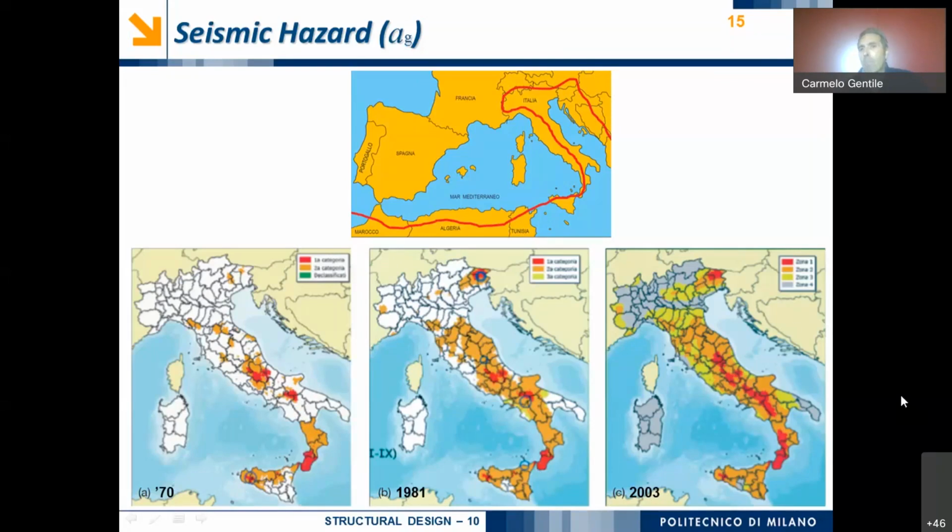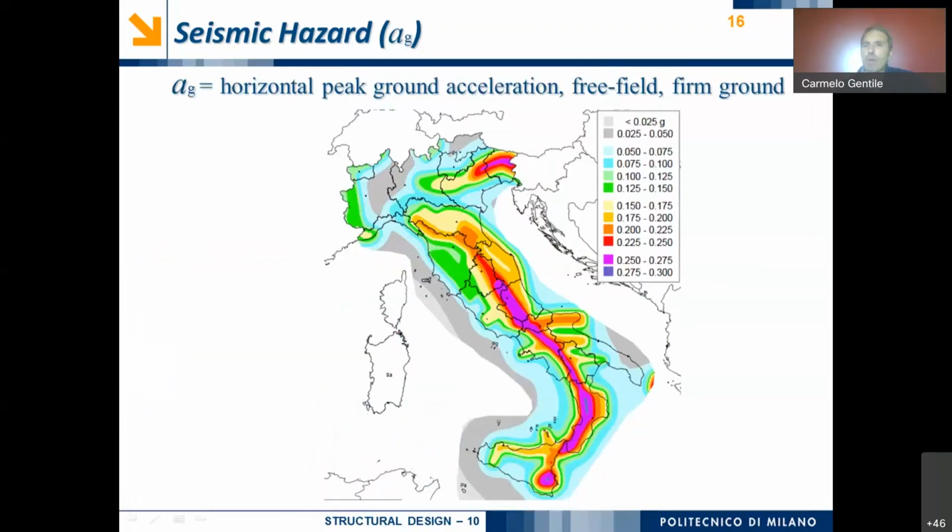Okay. But if we want to obtain just one number, giving us a reasonable measure of the seismic hazard, generally we refer to the so-called AG.